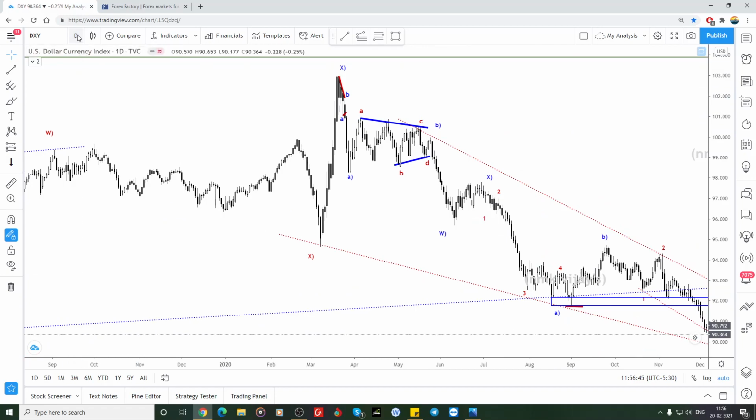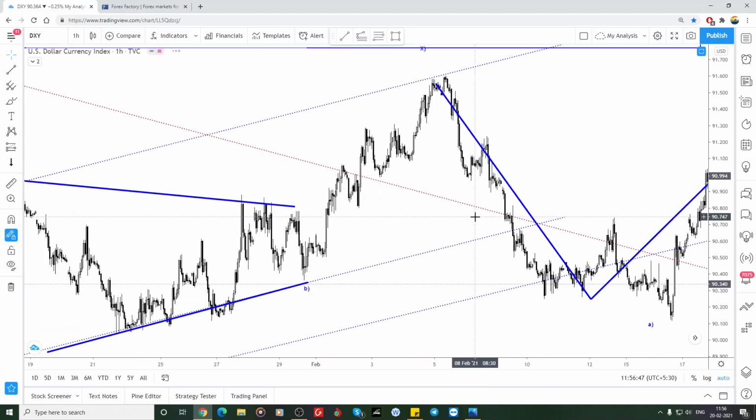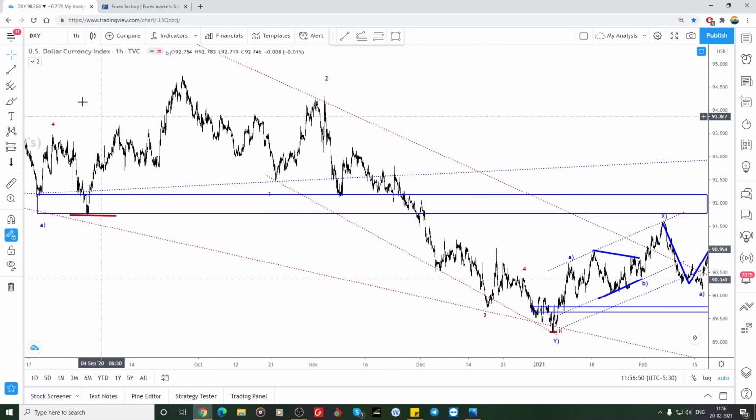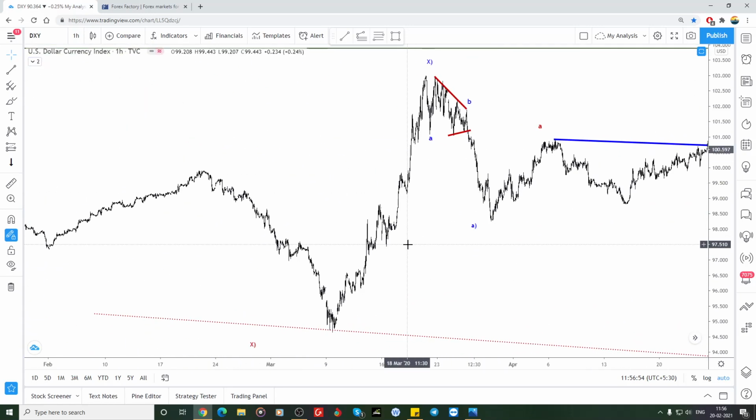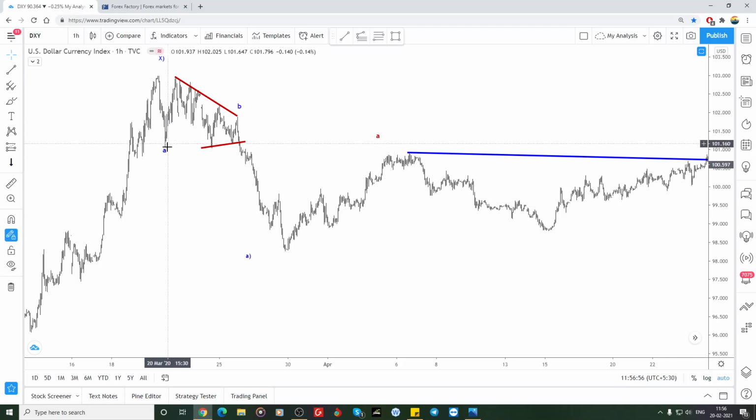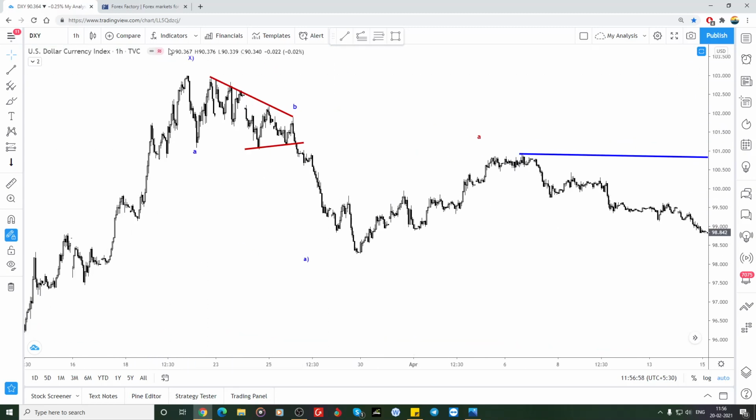So here also in that 1 hour chart, A, B, C, D, E is a triangle here, and B is a triangle. After that, followed by 1, 2, 3, 4, 5.